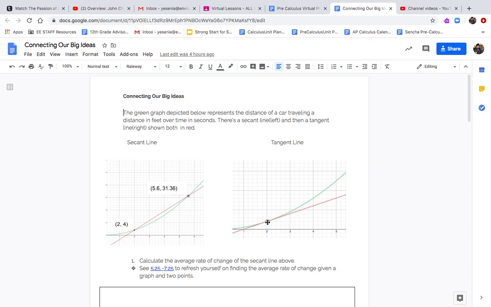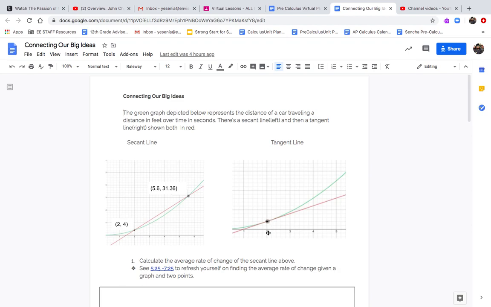So in this example, on average, between 2 seconds and 5.6 seconds, the car is going to be going at some average velocity. But if we were to calculate the slope of this tangent line, what you'd get is the instantaneous rate of change.